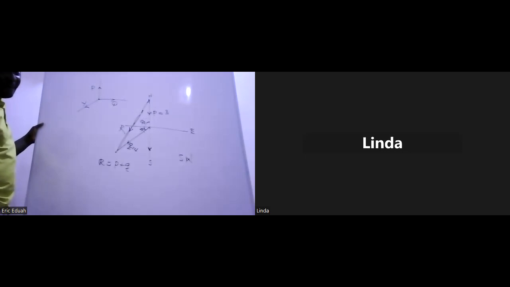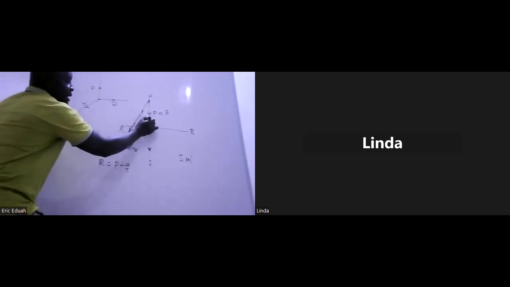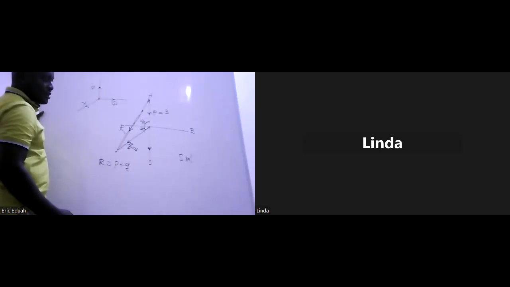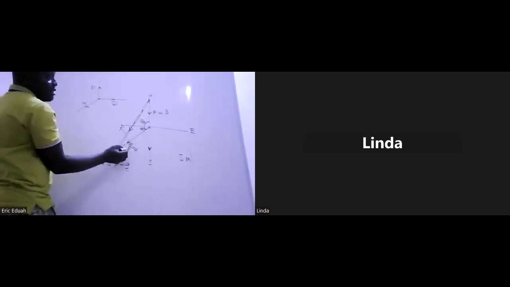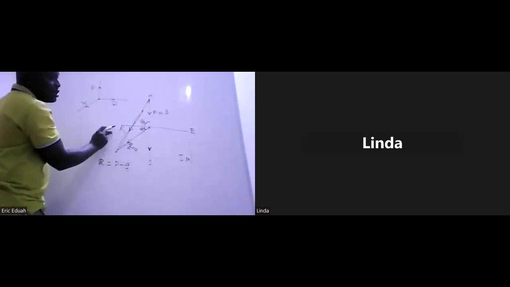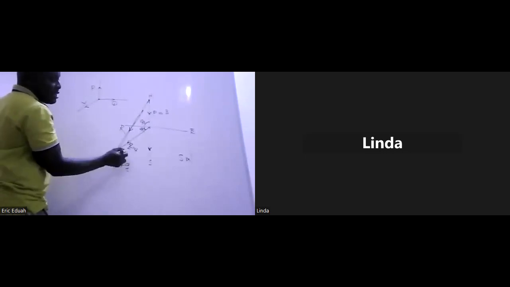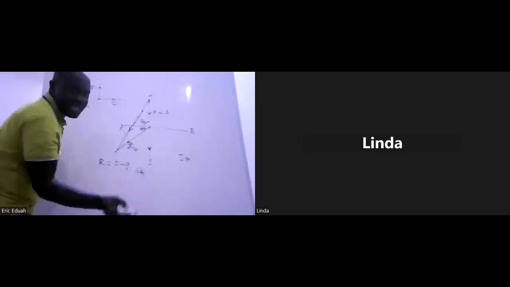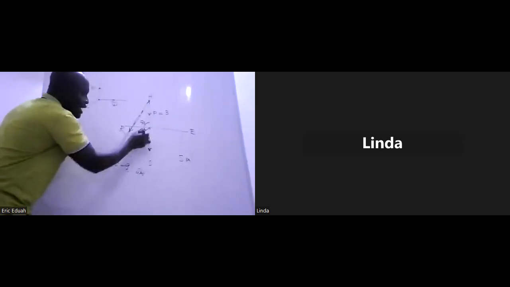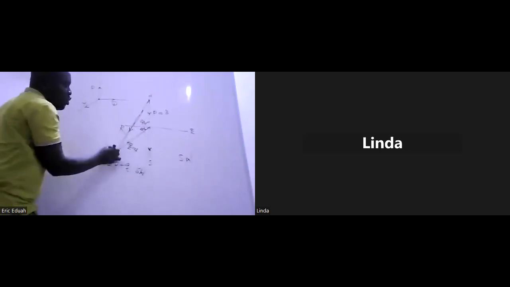Are we okay here? The angle, you see, this Q is 4 units, in the direction south of west, and precisely south of west divides the quadrant into 2 equal parts.